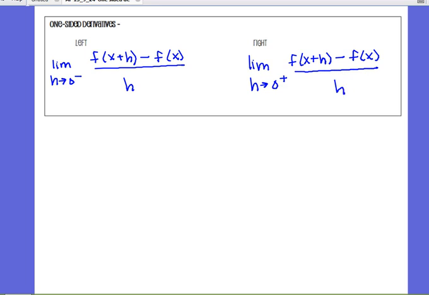Well, first of all, you want to remember that this just means y value. And the y value for a function has to be the same y value whether you're using the right side or the left side.